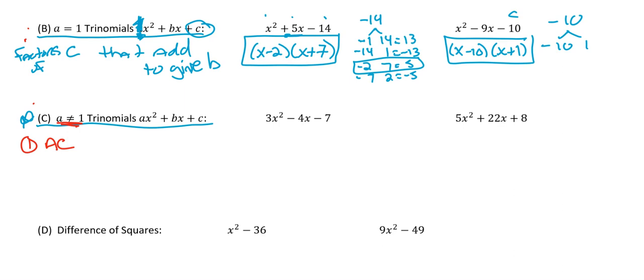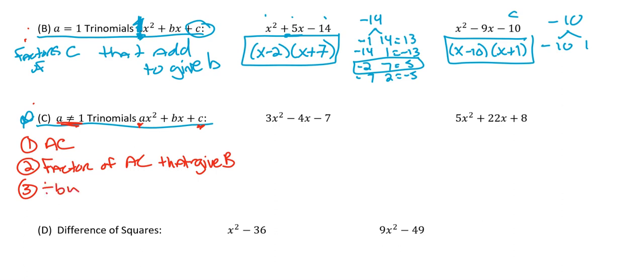Then you follow through and you would do AC. AC is when you multiply A and you multiply C. Then you want to find the factors of AC that give you B. And then the third thing you want to do is divide by A, and I'll clarify that in a minute.